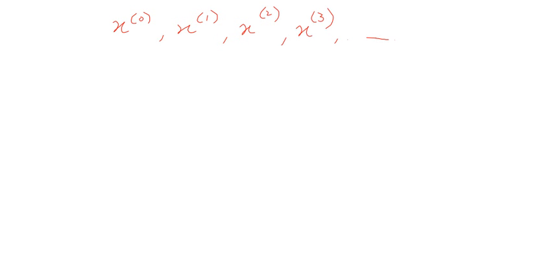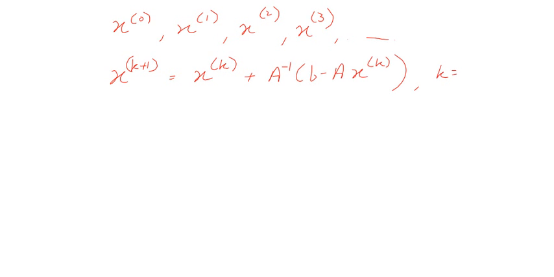If you write the method, x(k+1) is equal to xk plus ek, but that is equal to xk plus A inverse times (b minus A xk), for k equal to 0, 1, 2, 3 and so on.